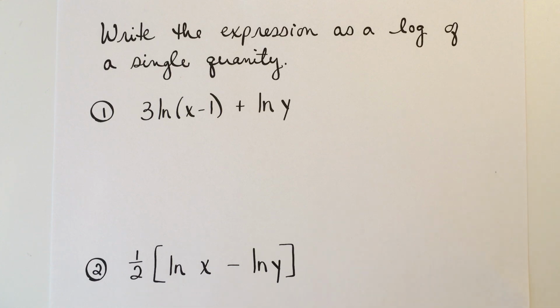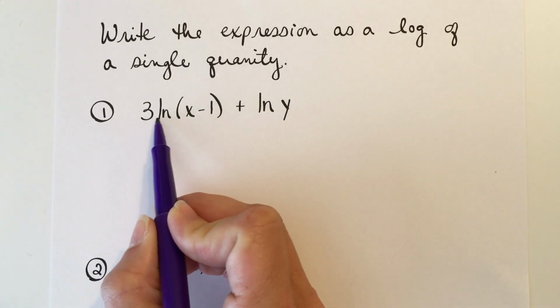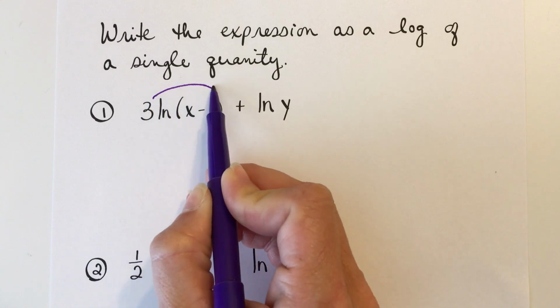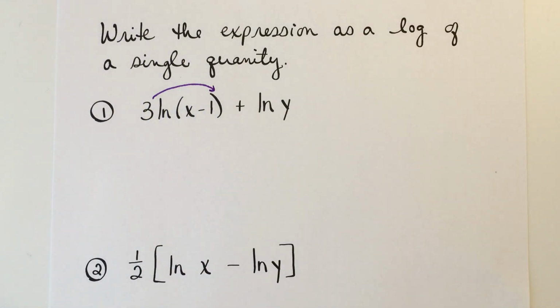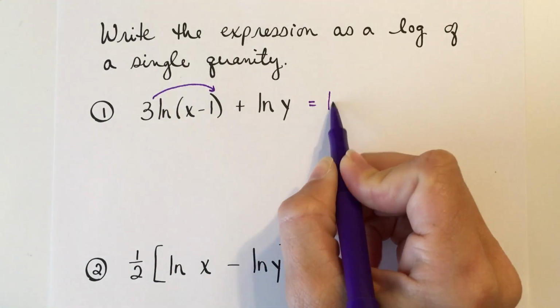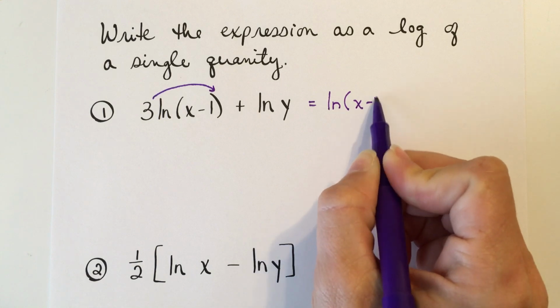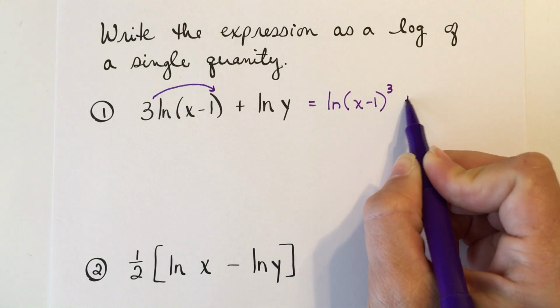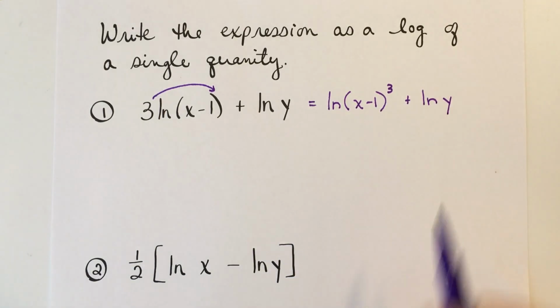Okay, what you need to deal with first here is the fact that you have 3 times your natural log, which if you're using your properties in reverse order, means that 3 originally would have been an exponent. So now I'm going to have the natural log of (x minus 1) to the 3rd power plus natural log of y.